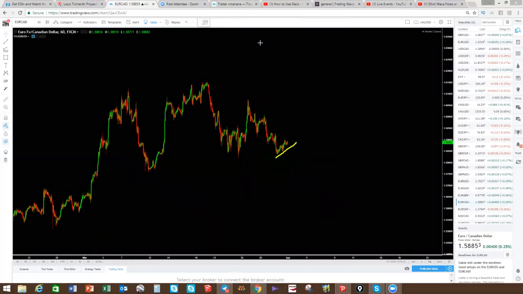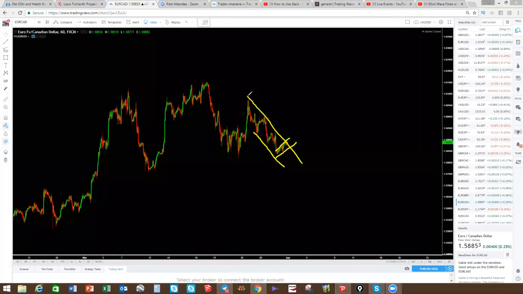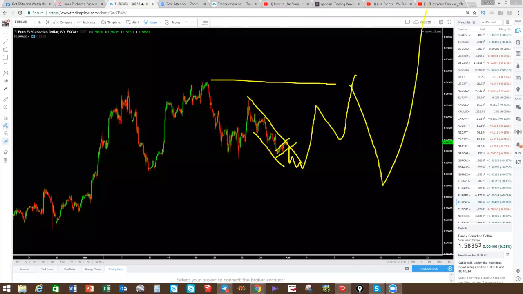Okay, so now you're looking like, okay, we're making this continuation here. But this structure looks corrective, which means that there may still be upside here. It may do this upside, do that upside. So if it gives us a bigger corrective structure like that, then EURCAD may even break and go for new highs.